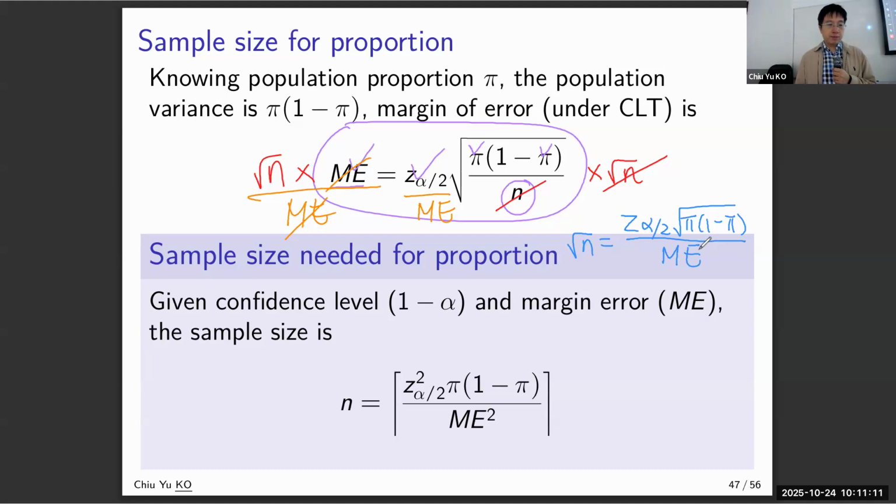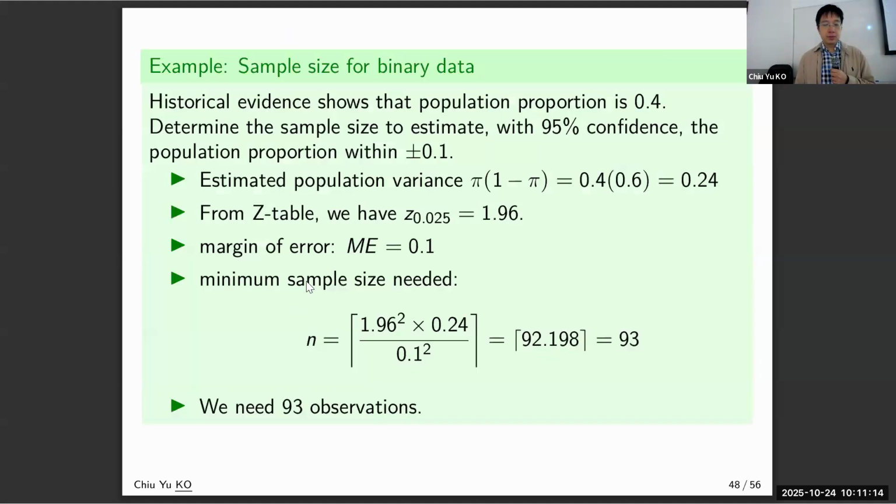So let's plug in the equation, and then we'll have a break. That is a very simple formula: n is equal to z alpha over 2 square, pi 1 minus pi, over ME square.